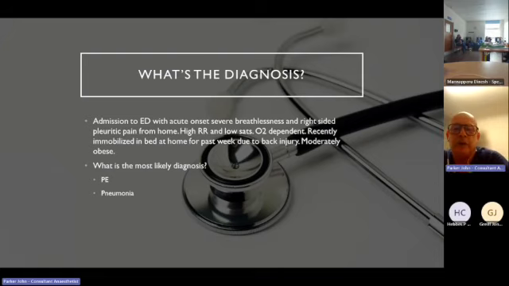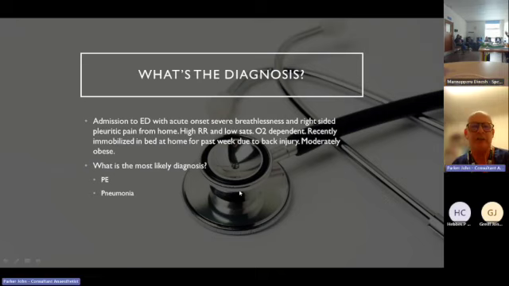Not very much information, I know, but what I want you to do is go out there and speculate what you think the most likely diagnosis is. So let me just get my screen big. So hands up if you think it's a pulmonary embolus. 1, 2, 3, 4. Okay, that looks a big chunk.